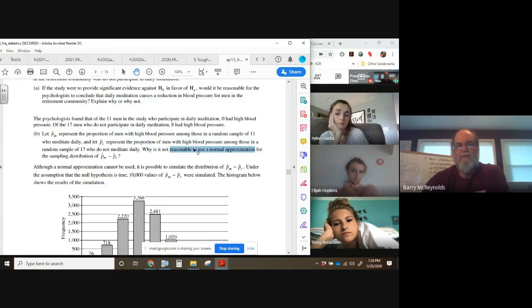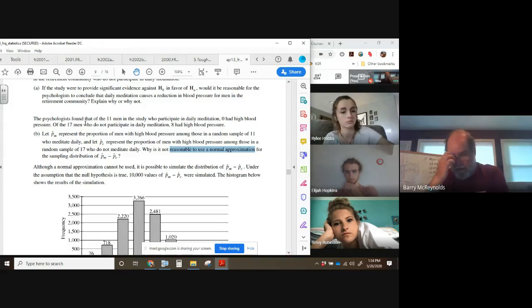So here we have to do that n times p hat and n times 1 minus p hat calculation. The number of people in the sample is 28, 11 and 17. And the number of people who had high blood pressure is 8 out of 28. So that p hat value, if you do the calculation, 8 divided by 28 is 0.286.